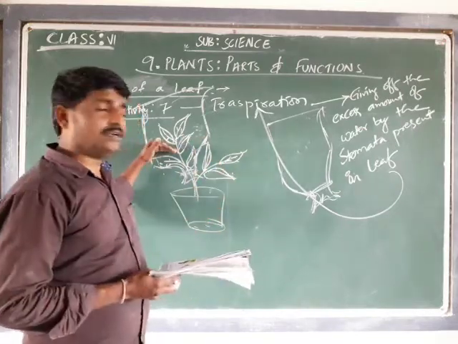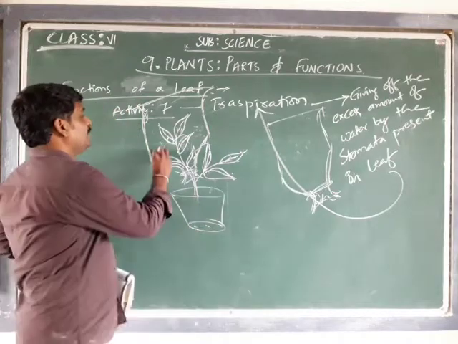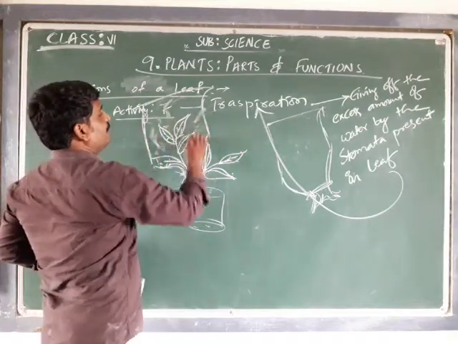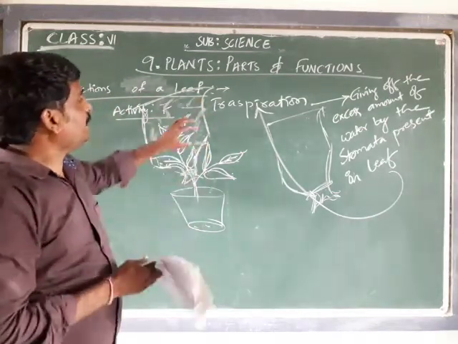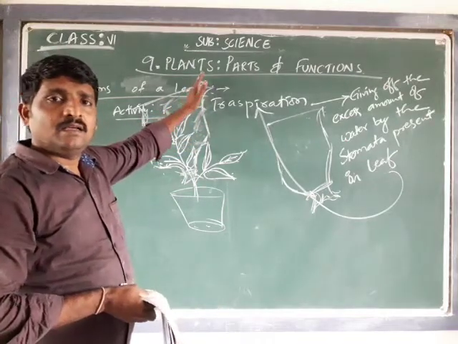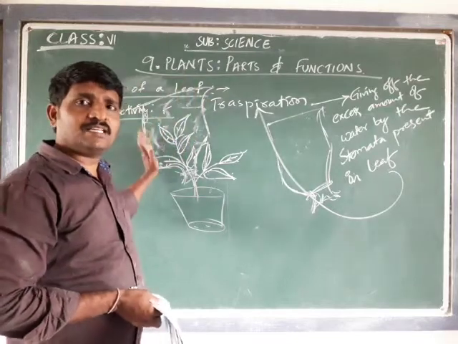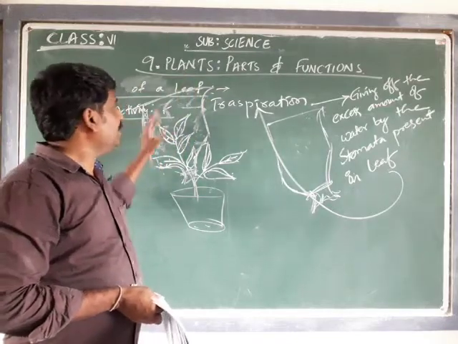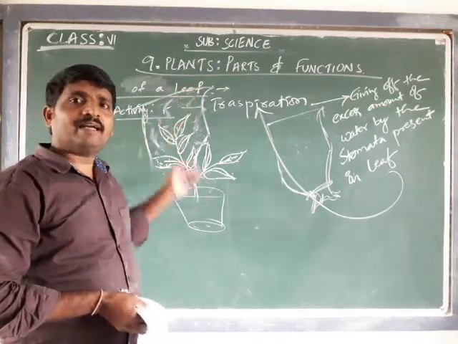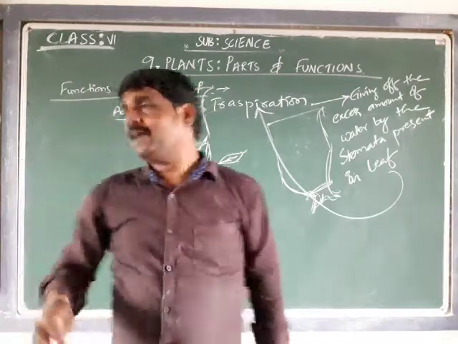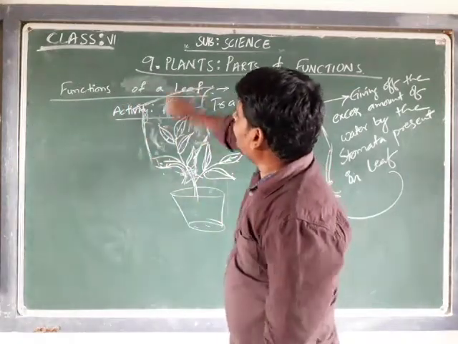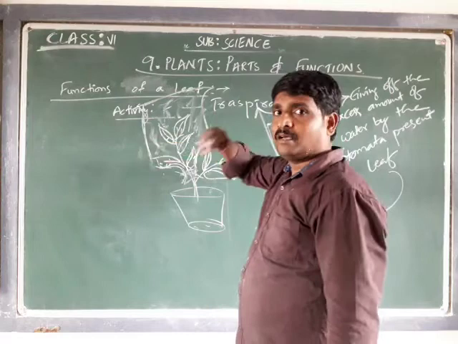The water which is released in the form of water vapor is going to condense on the inner surface of the polythene bag. It will be converted into water droplets. Excess water does not come out of the leaf directly as water.